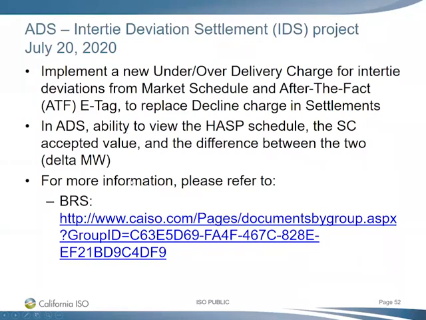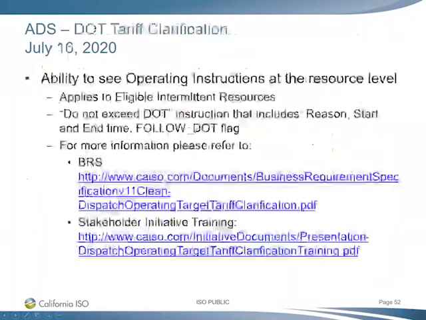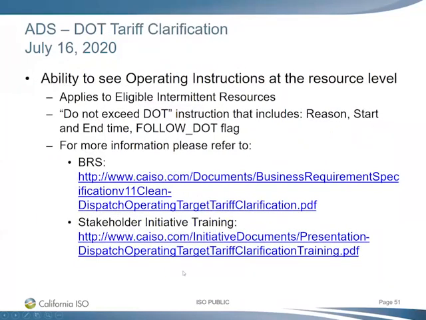For more information on that, I would review the BRS for this one. In all of these, we also included the BRS. And for those of you who are involved with the DOT tariff clarification, I included a link from the last training on that, I think it was in late 2018.